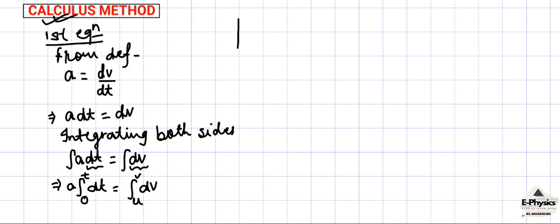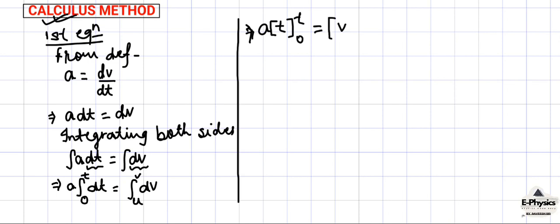Now after that we can proceed as: this is a, integration of dt is t, and the limits are 0 to t, is equal to integration of dv is v, again with limits from u to the final velocity v.